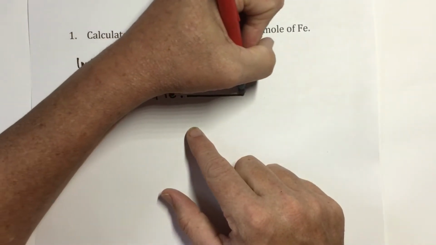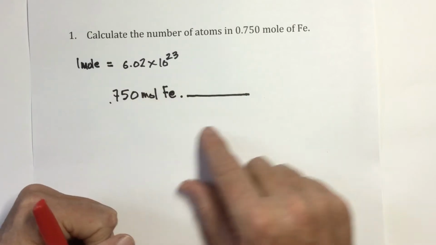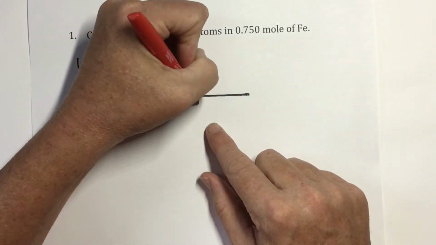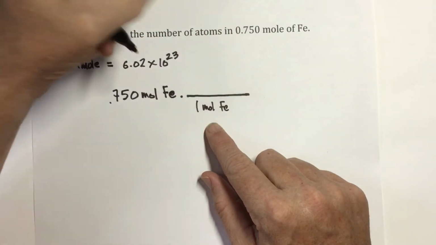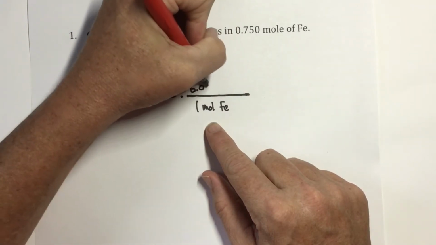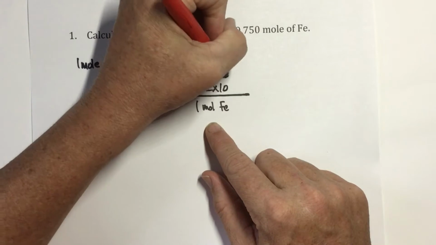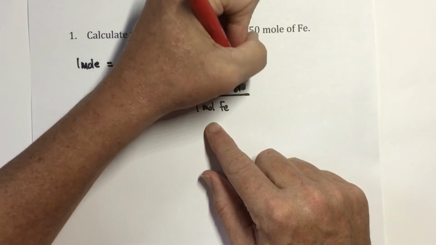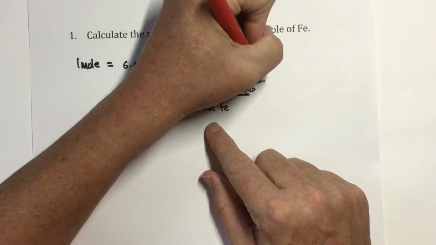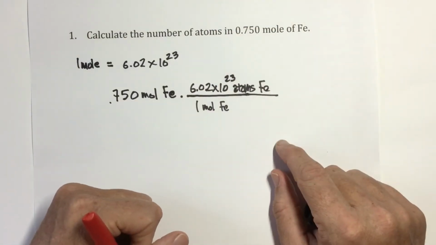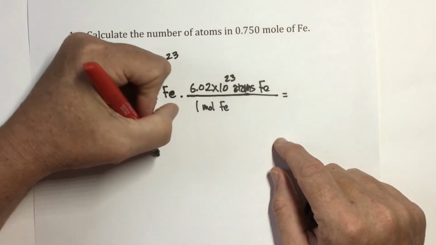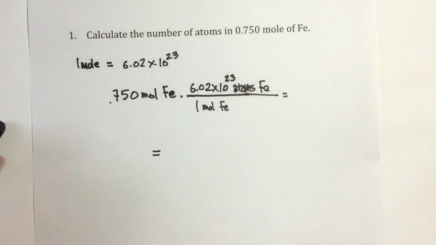Well, I will use this equivalency because I know that 1 mole of iron will contain 6.02 times 10 to the 23 atoms of iron. So, now I just need to do that math.